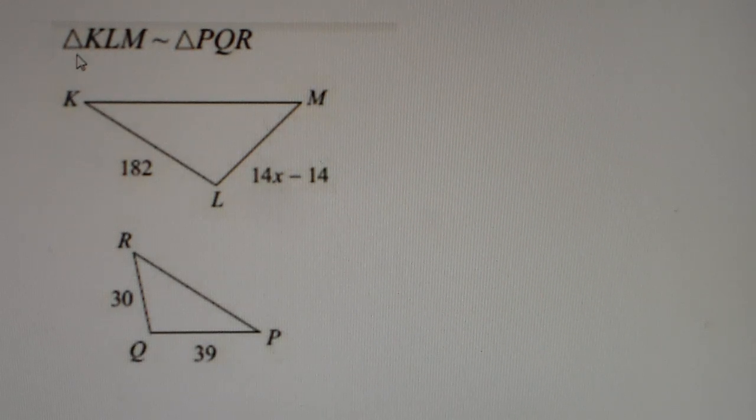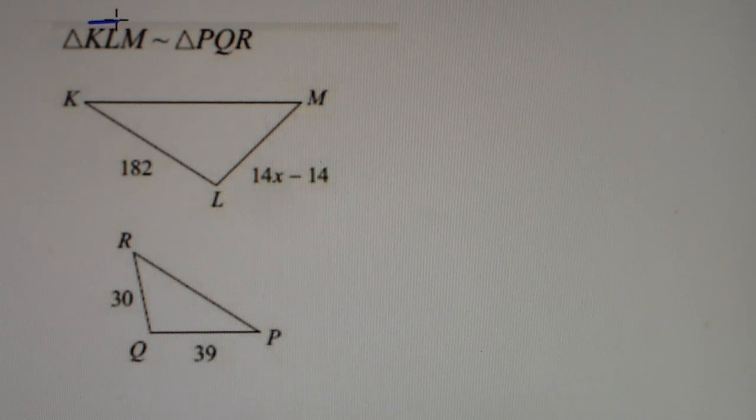So, something we have to notice here. This is more of the focus on what we've been doing in 5-4 notes here. Triangle KLM is similar to triangle PQR. So K matches up with P, L matches up with Q, and M matches up with R. So KL, I'm going to highlight here in colors, try to make things as pretty as I can.